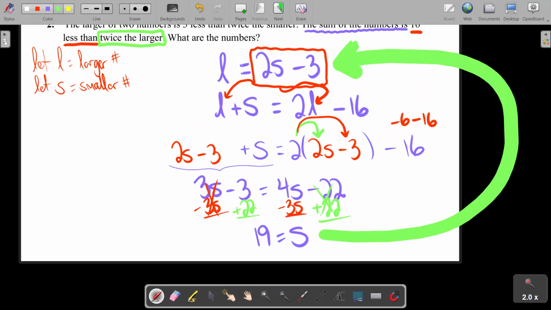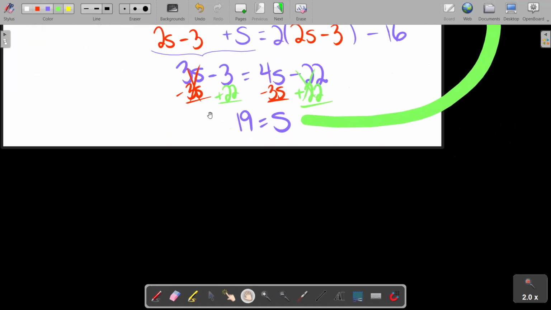And what's 38 minus 3? So we can say that the larger number is 35. And then we just write a sentence and say the numbers are 19 and 35.